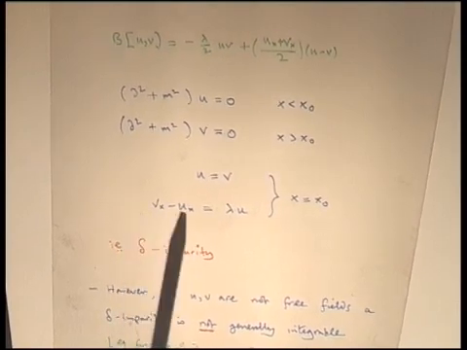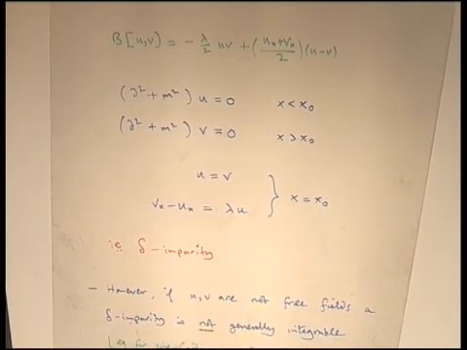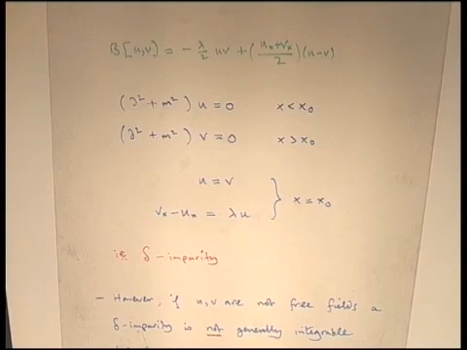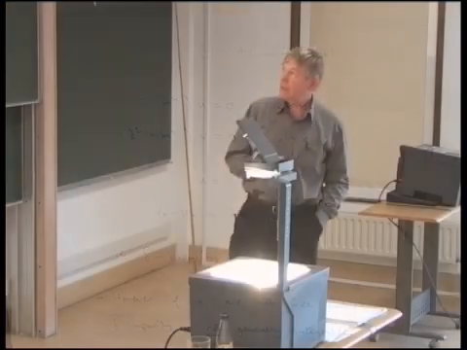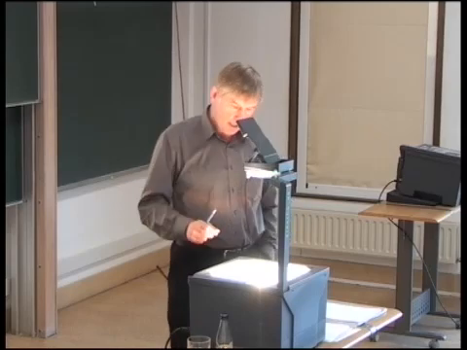So there's a gap in the first derivatives which is proportional to the common value at that point. And that's just a typical delta impurity, where you have continuity in the fields but a discontinuity in the derivatives. So if you think about the Schrödinger equation, for example, that's exactly what you would have if you put in a delta function potential.